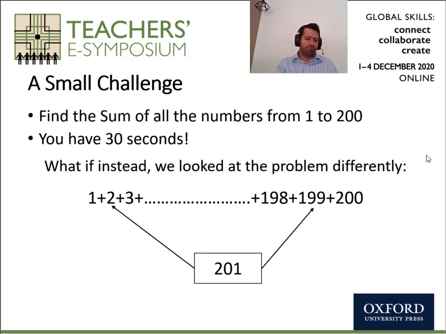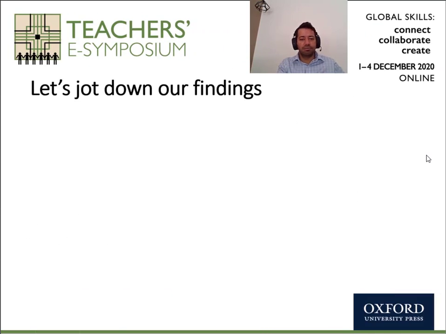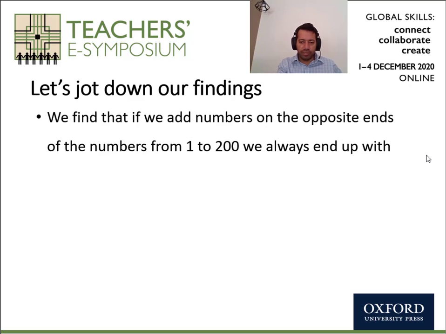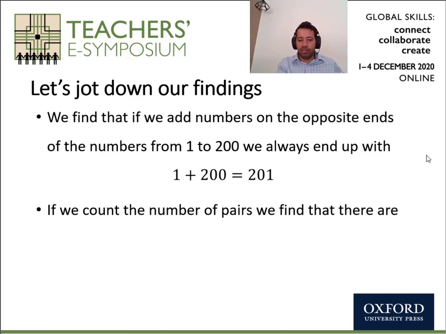So let's see if we can figure this out. Let's jot down these findings, right? We find that numbers on opposite ends always add up to 201. And we also find that since we're using those pairs, the number of pairs would be the total number divided by 2, because 2 makes a pair.